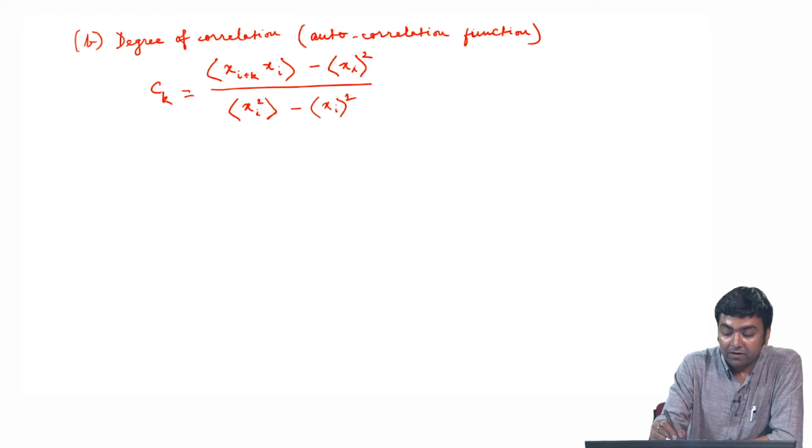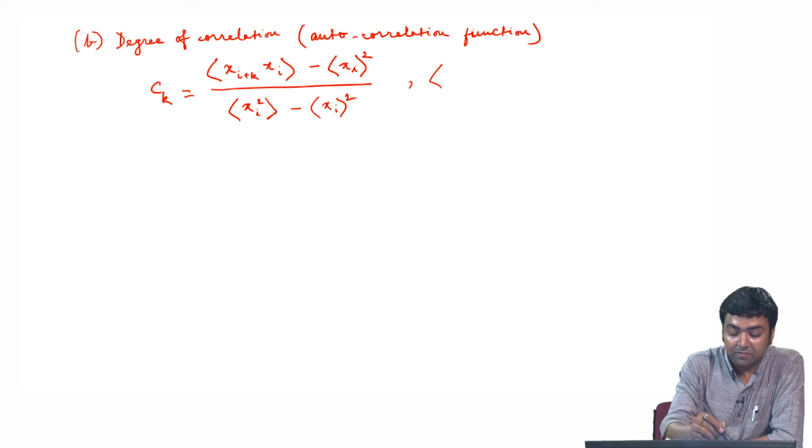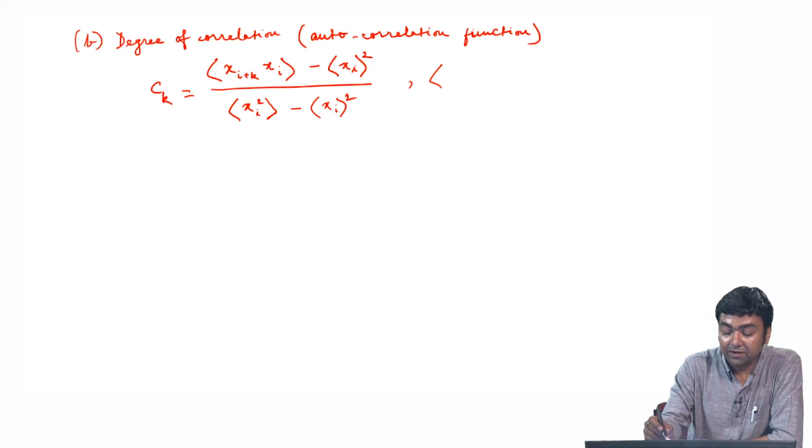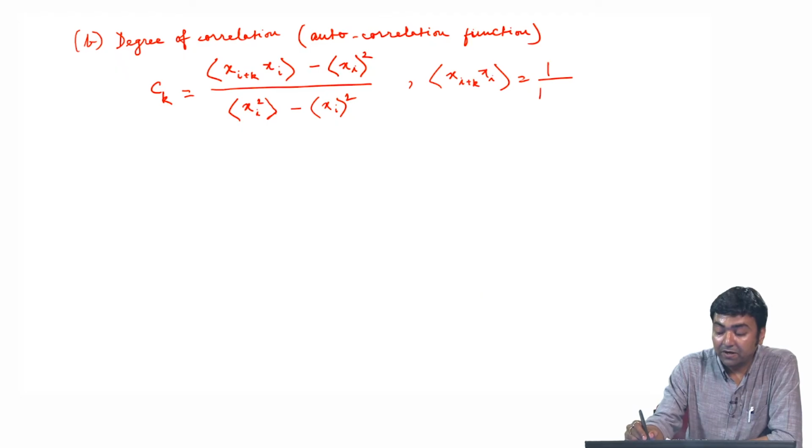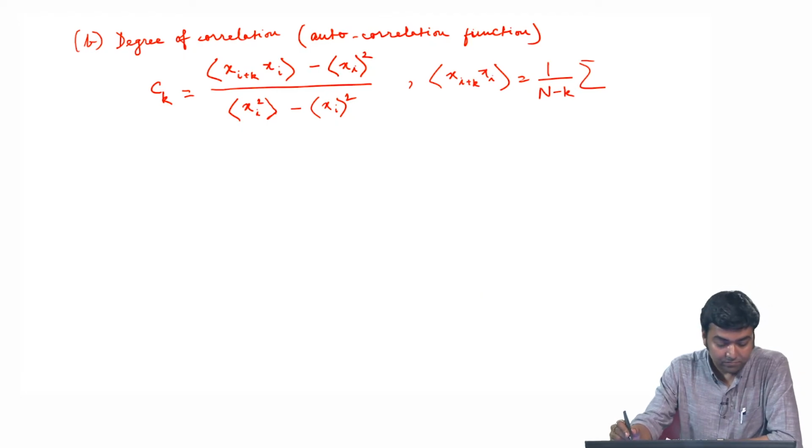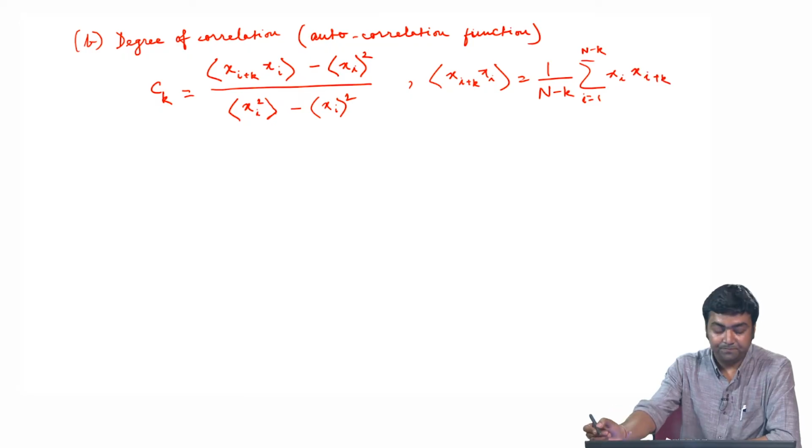The first average in the numerator, the average of x i plus k times x i, is given by this expression: 1 by n minus k, sum over i equals 1 to n minus k of x i x i plus k.